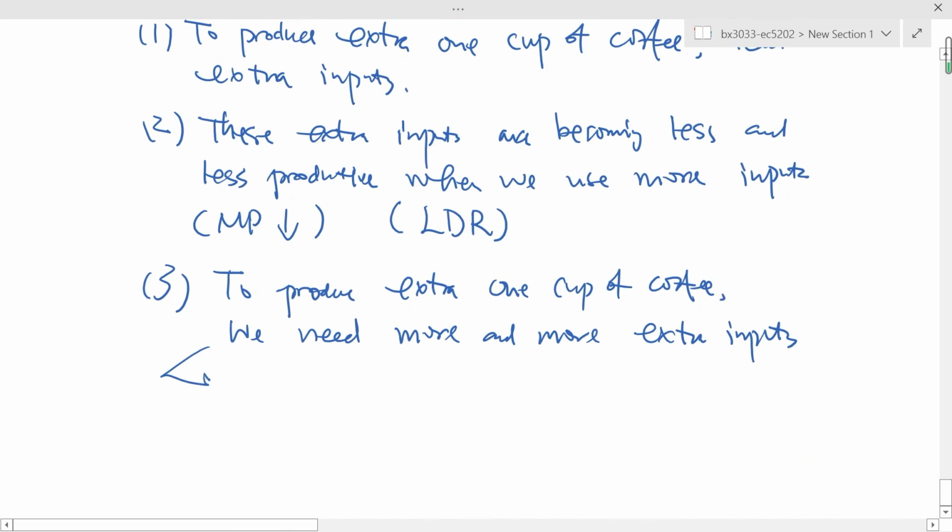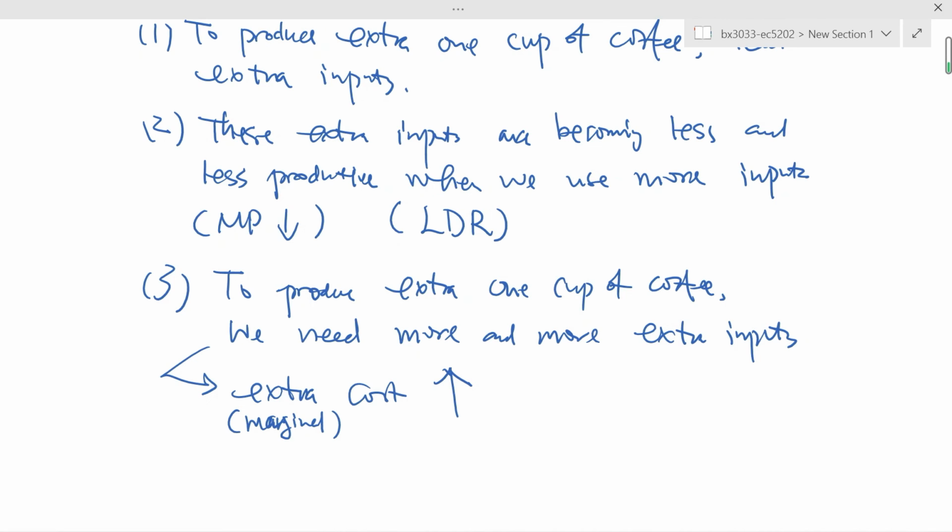And that's the same as saying the extra cost, or marginal cost, increases eventually. Okay, that's why this law of diminishing returns is driving the marginal cost to be increasing eventually.